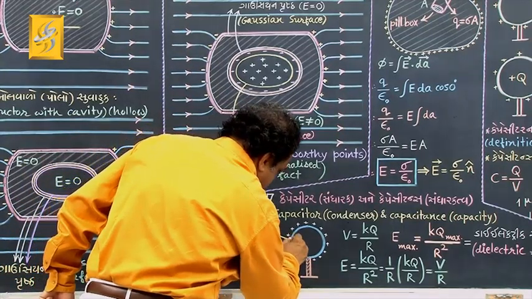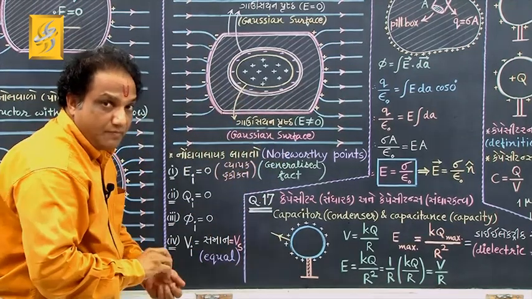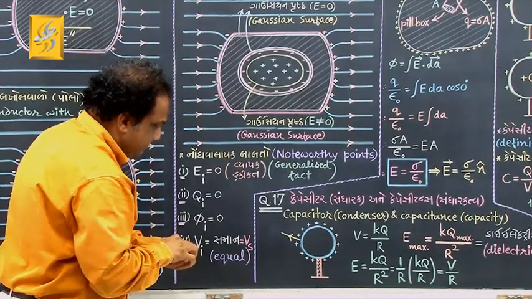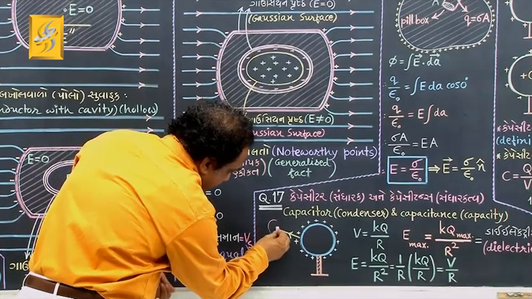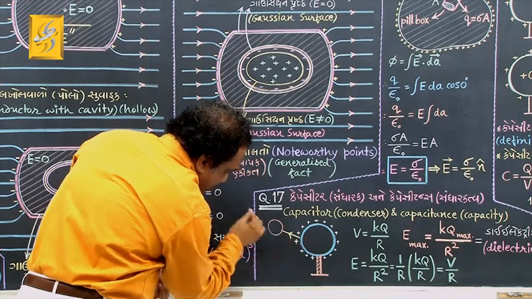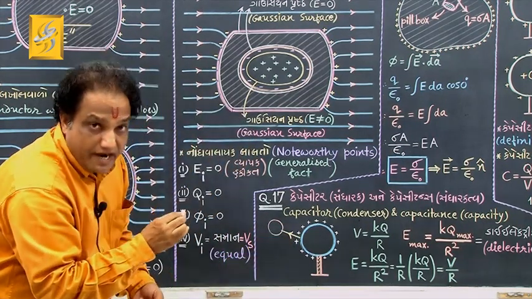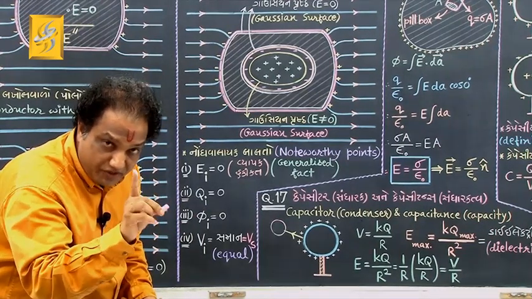Fine. When electric field is this way, you can think of some atom of the surrounding medium. That atom is electrically neutral. But inside this electrically neutral atom, there are electrons. Electrons have negative charge.